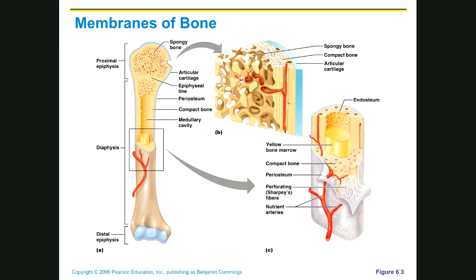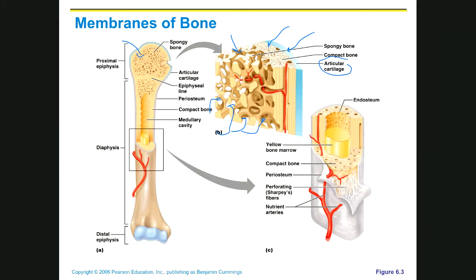And you can see that here as well. If you blow that up, you can see what the spongy bone looks like, and you can see those spaces, and those spaces are where that marrow would be. And then remember, there's a thin layer of dense bone, and then here's that cartilage we were talking about, that articular cartilage.